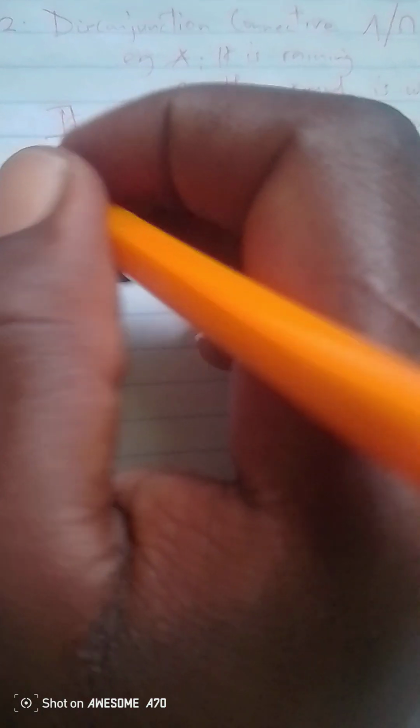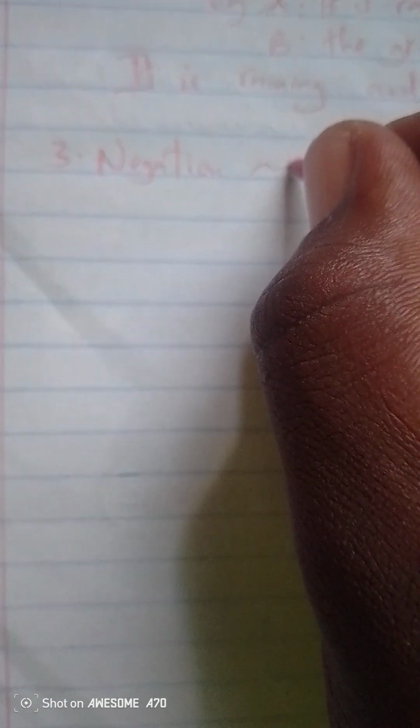Note it down. We are going to the third type of connective symbol. The third one here is called negation. The symbol for negation is this one or this one.